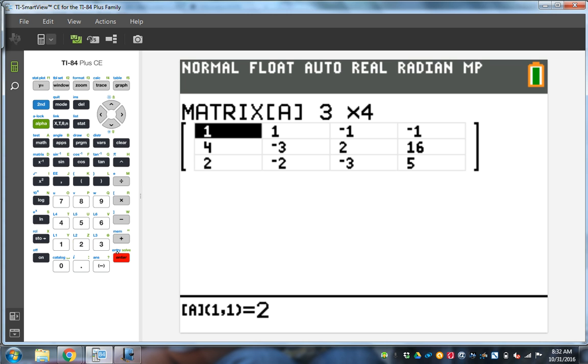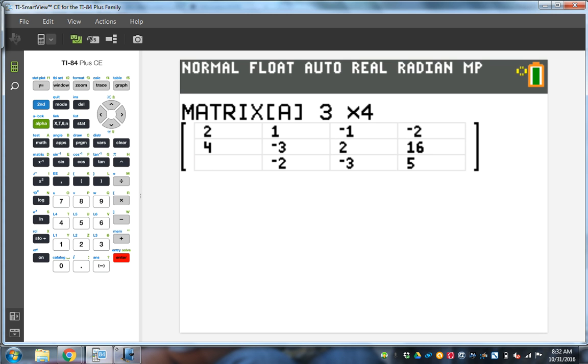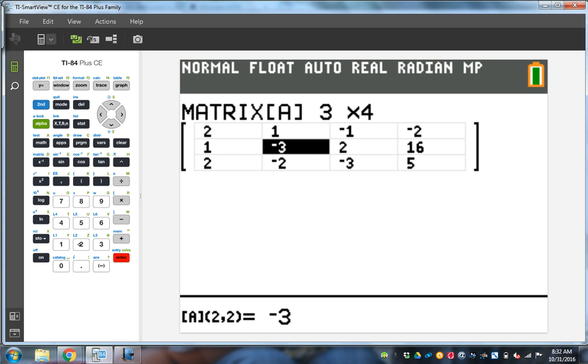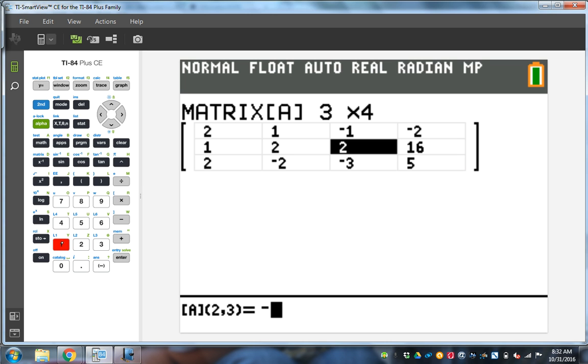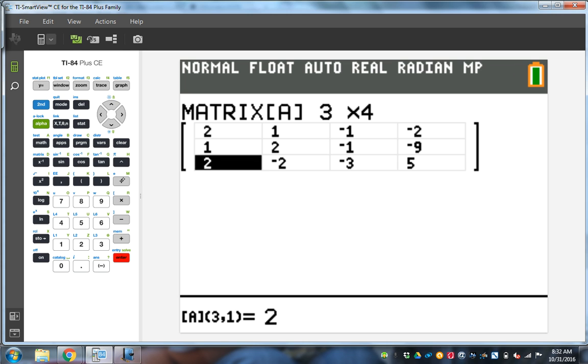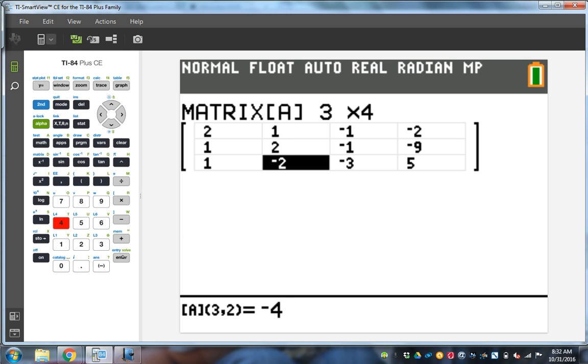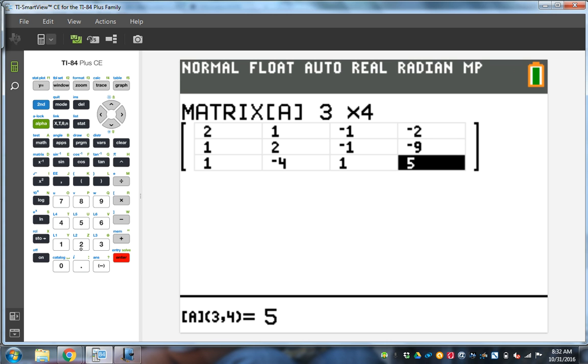2, 1, negative 2, 1, 2, 1, negative 4. So make sure you got your matrix in there.